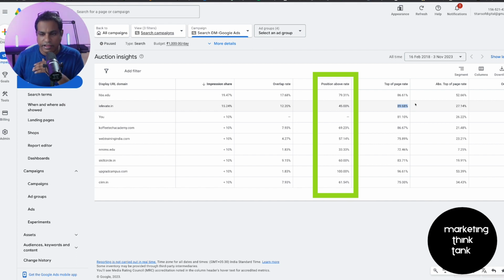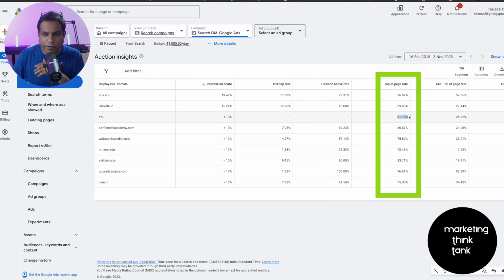If you look at this, 81.1% of the times my ad was shown in the top 3 positions, or top 2 positions, or any top position above the search results. But my competitor's ad has shown 89.68% of the times in the top positions. So that is a comparison of the top positions. When I say top positions, I mean above the free search listings.